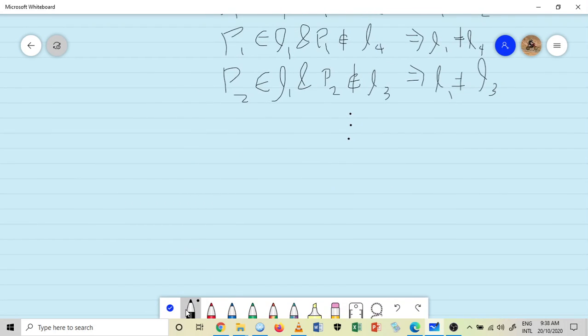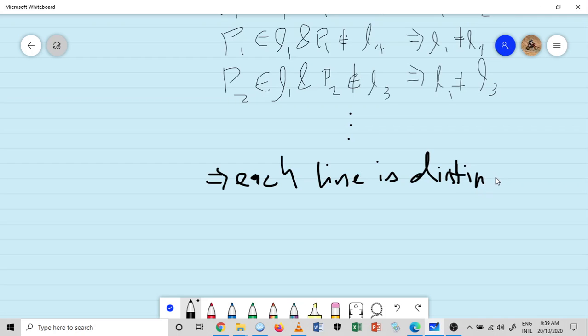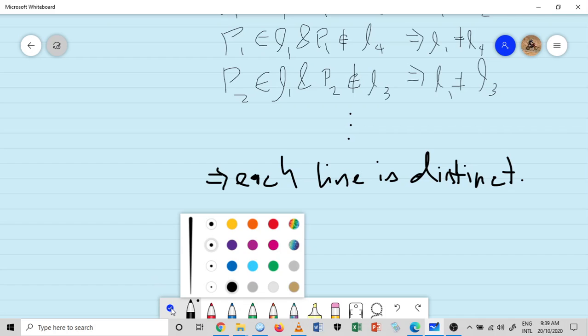So this would mean that each line is distinct. So we are talking here of L1 to L6, okay? Distinct. So there are at least 6 distinct lines in this context.